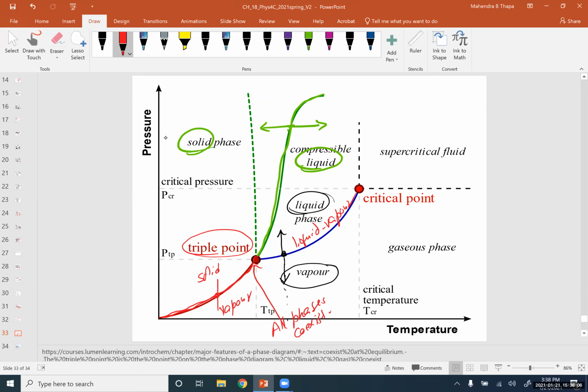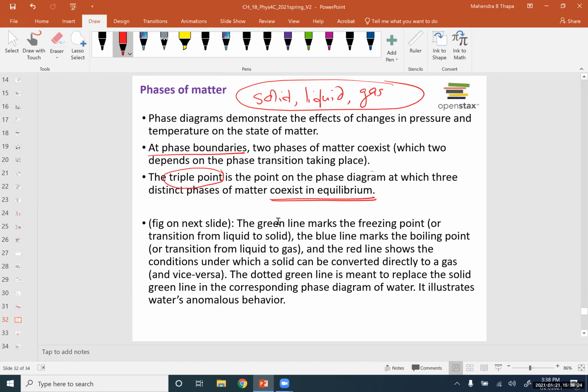But there's another point over here, the critical point. After the critical point, everything will be in the gaseous phase. That's how we defined it already before, I believe. In the picture, the dotted green line is meant to replace the solid green line in the corresponding phase diagram.